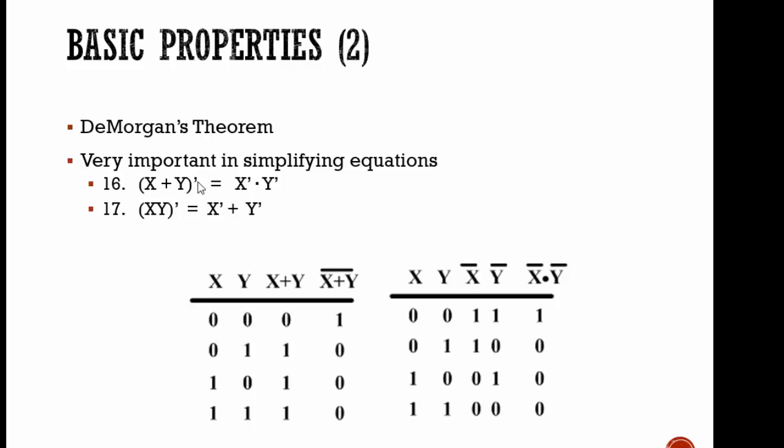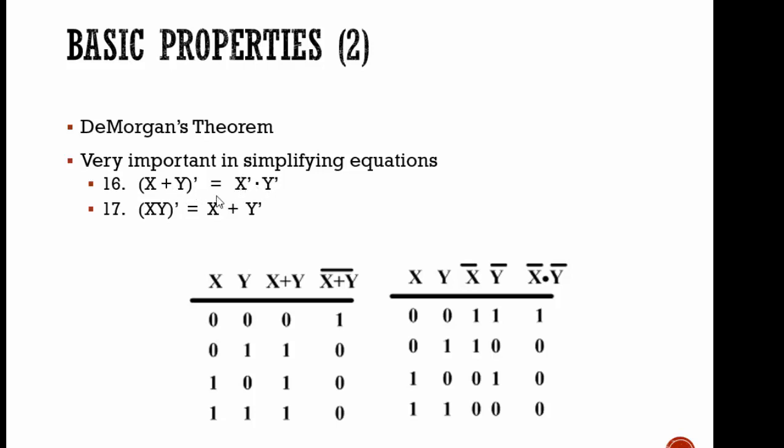So the equivalent of (x plus y) with a bar on top, or with the apostrophe outside the parenthesis, is actually like you are distributing the apostrophe to the x and y, but now you change the operation into the opposite operation, which is the and.